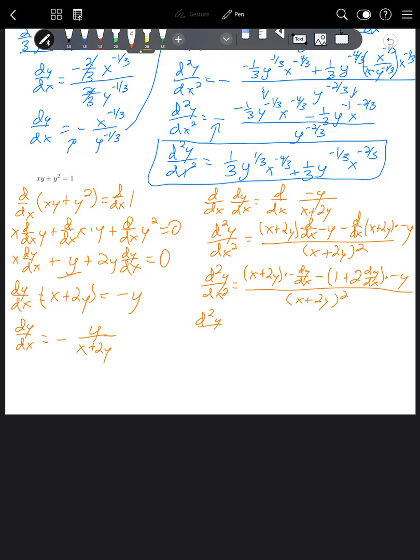So d squared y over dx squared equals the, and you can distribute this. So negative x minus 2y dy/dx. And then over here, we get plus y, when I distribute the negative and the negative, plus 2y dy/dx over x plus 2y squared.